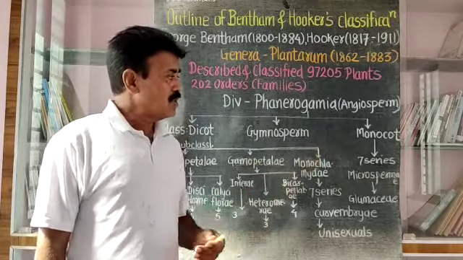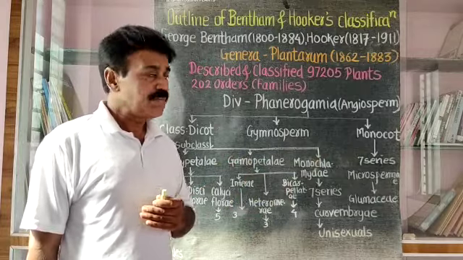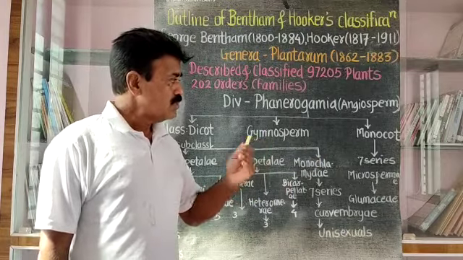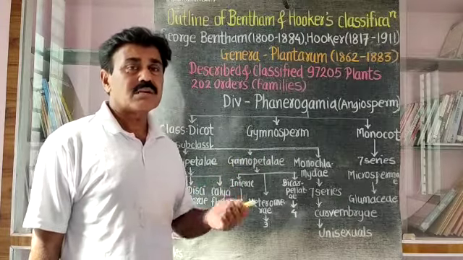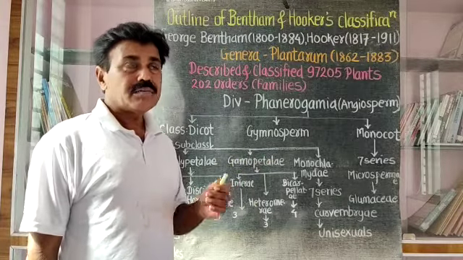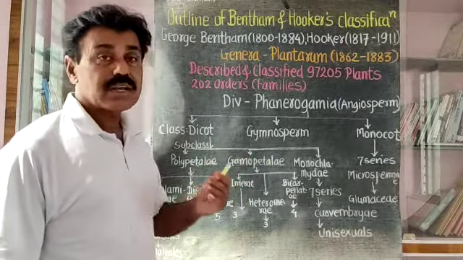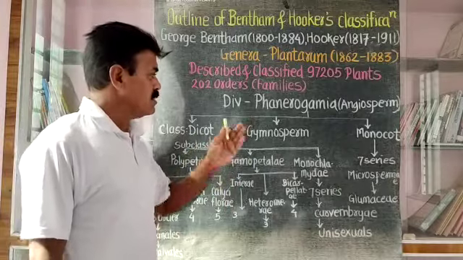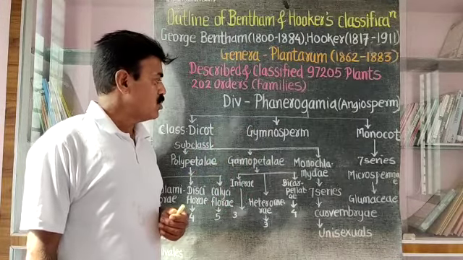The monocot has opposite characters: a single cotyledon in the seed, parallel venation, adventitious root system, vascular bundles irregularly spread in the ground tissue, and flowers trimerous in nature. In dicots, flowers are tetra or pentamerous. These are some characters used for classification of dicot and monocot.